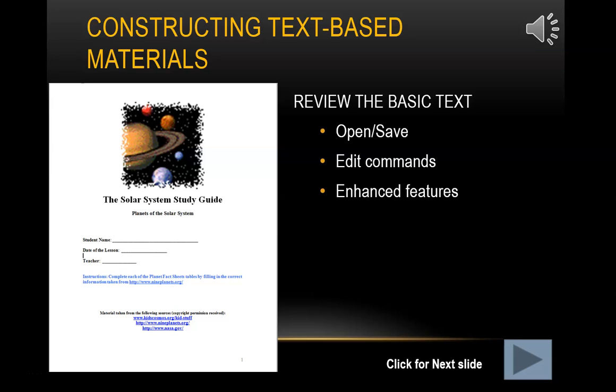For the material that you're going to create for your online course, use the study guide here as kind of a guide for some of the features that I'd like to see populated into your course. On the cover page, for example, we use a clip art image. Could just as easily be a picture that you downloaded from the internet.